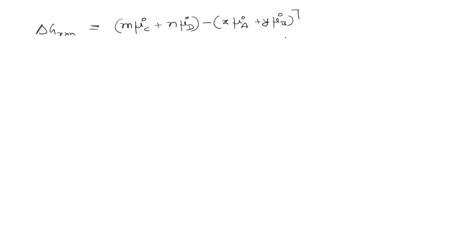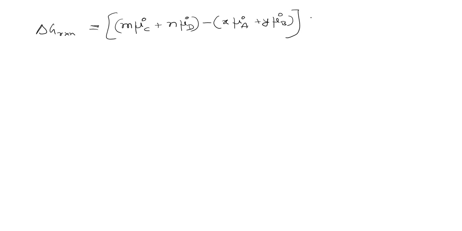So delta G for the reaction can be given as M into standard chemical potential of C plus N into standard chemical potential of D, minus X into standard chemical potential of A plus Y into standard chemical potential of B.